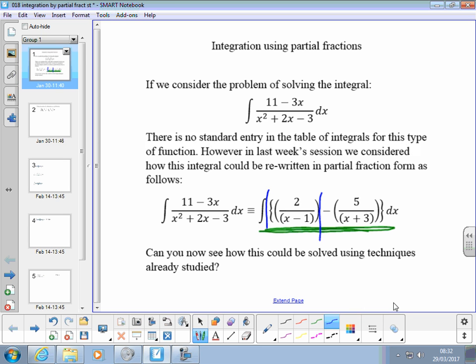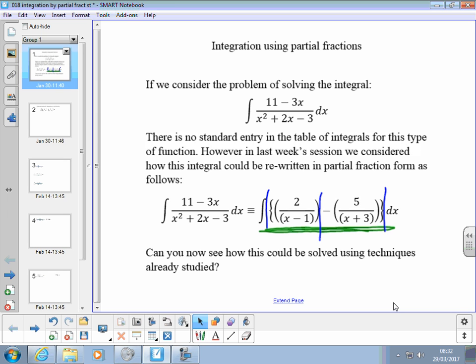Yes, we can use substitution on each half. So we can do substitution on that half, substitution on that half, and get a result, and then that's the result of that half taken away from the result of that half.